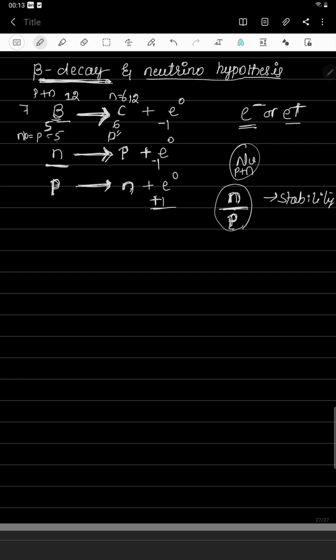For high stability, the n to p ratio should be equal to 1, and such elements are called highly stable. That's why, to maintain the same neutron and proton number, boron converts into carbon-12 with the emission of 1 electron.